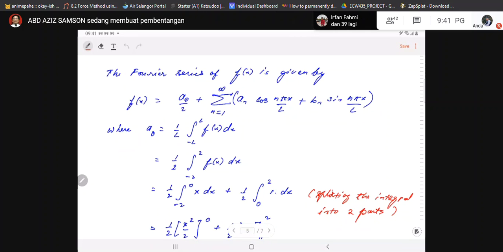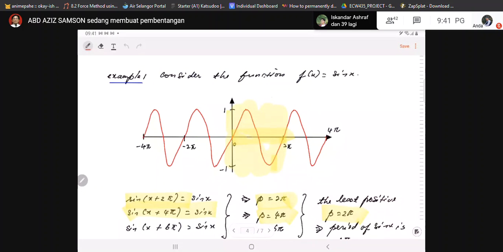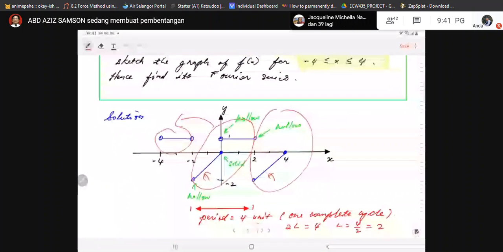Then the next one, what we want to do is to find the Fourier series. So we are just applying the formula I've shown you earlier. The formula in this case is this. And the most important part, please keep in mind, is to identify what is L. Please remember that 2L is equal to 4, therefore L is equal to 2.